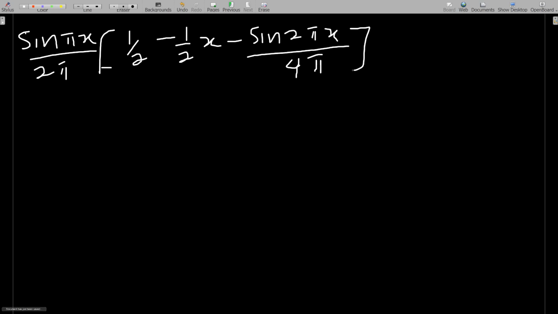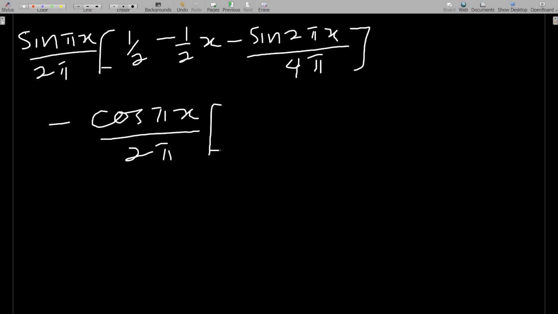That's when I put the limit in. I hope I explain it. Now minus cos pi x over 2 pi. Now with this, if I put the limit in, let's go ahead and check.